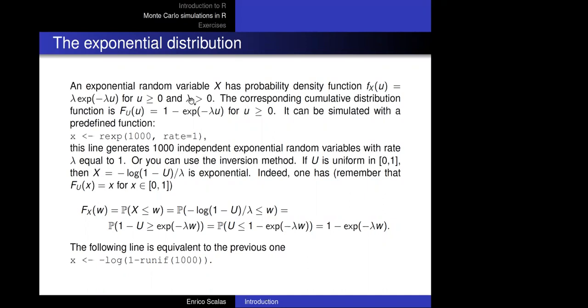Now the corresponding cumulative distribution function is just 1 minus the exponential of minus lambda u, again for positive u. And this in R can be simulated with a predefined function, which is this rexp function that you can see here. Now, we will move soon to the program and see it working.